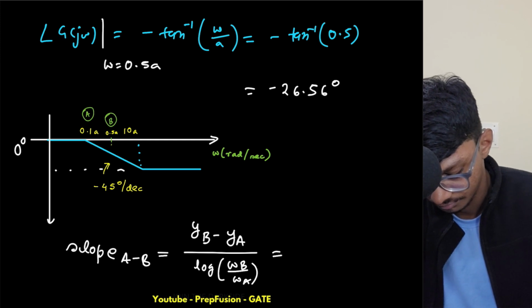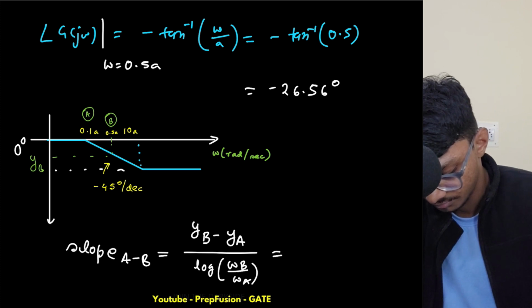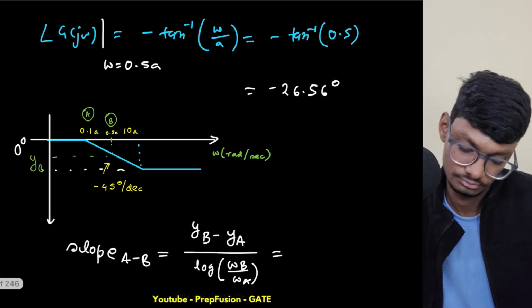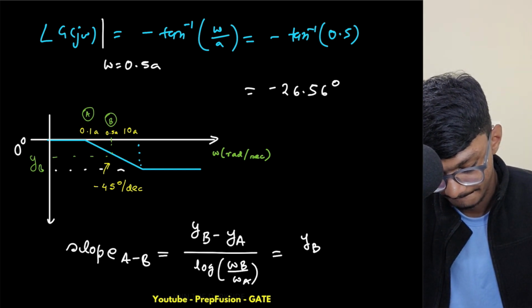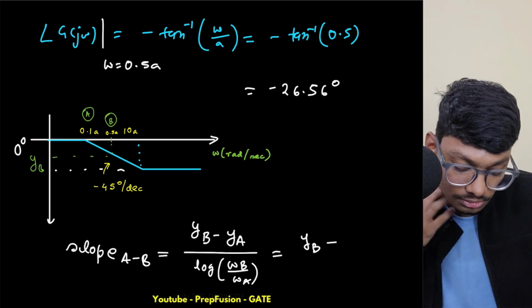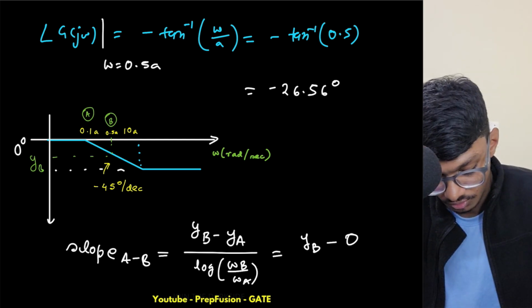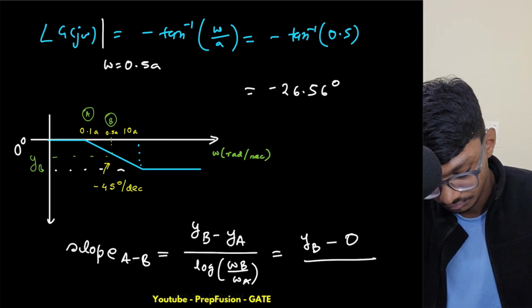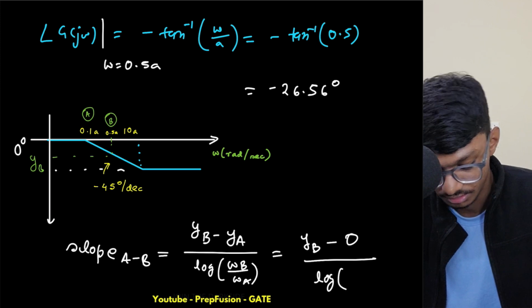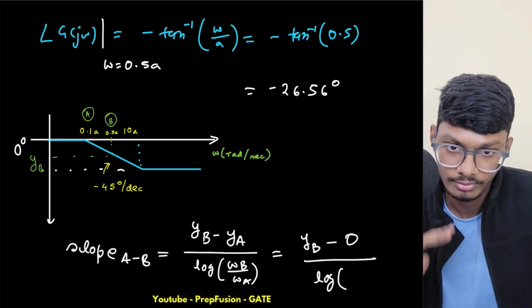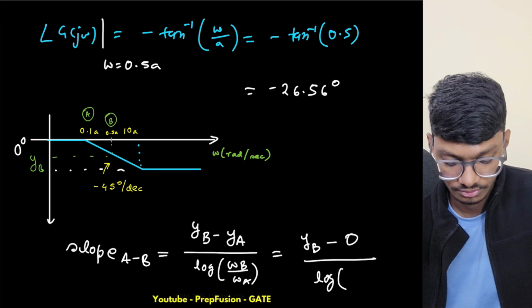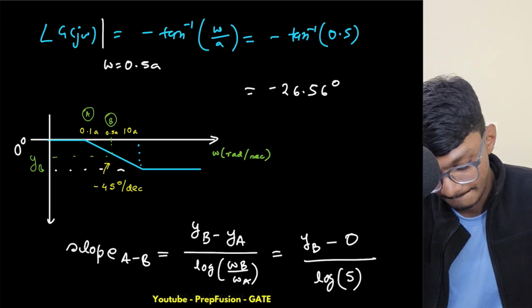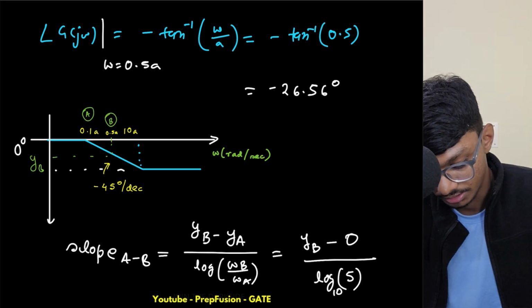So YB definitely you have to find out. So this is YB minus YA is 0, and this is log of, again, 0.5 A divided by 0.1 A, which is log of 5 itself. 5, base is 10, and slope is minus 45.